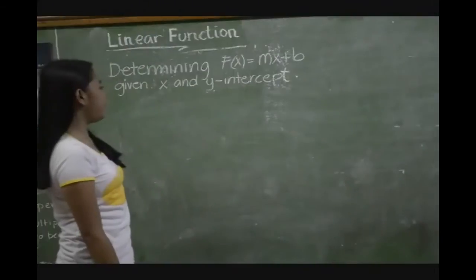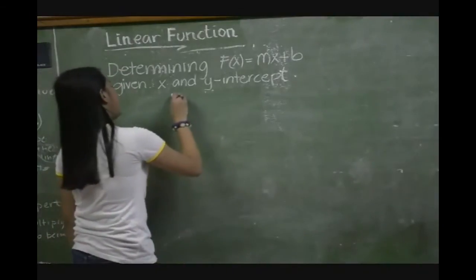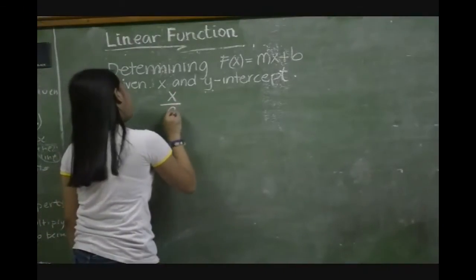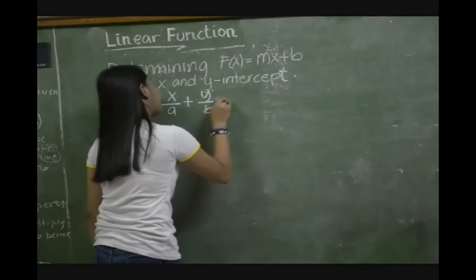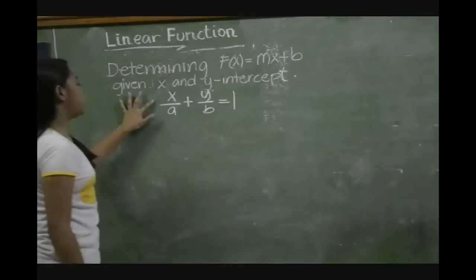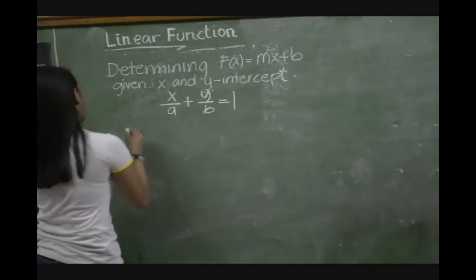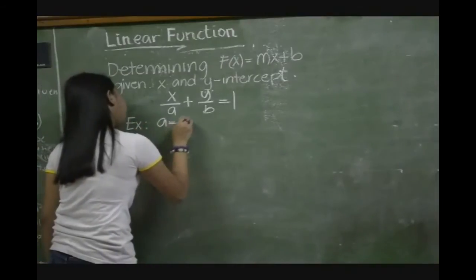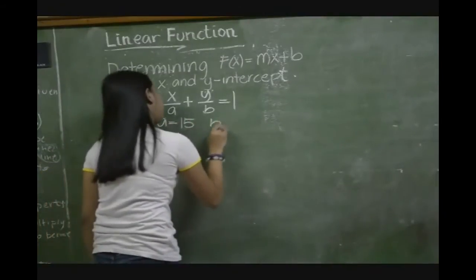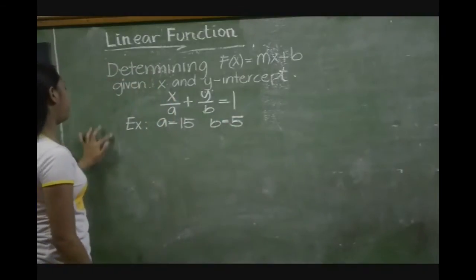F of x is equal to mx plus b. Given x and y intercepts, use the equation x over a plus y over b is equal to 1, where the x-intercept is a and the y-intercept is b. Example, a is equal to 15 and b is equal to 5. Substitute a by 15.